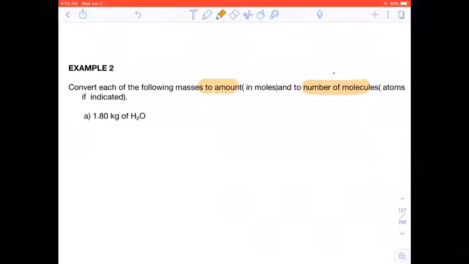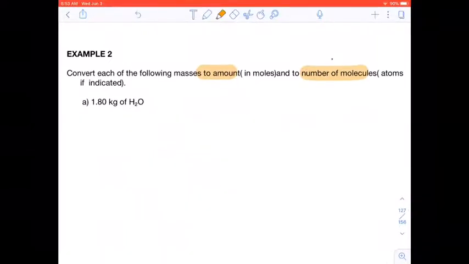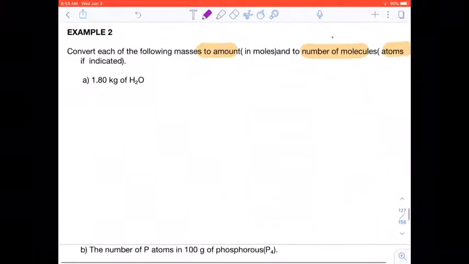But if they want atoms, then we will convert it to atoms, like it's indicated here.